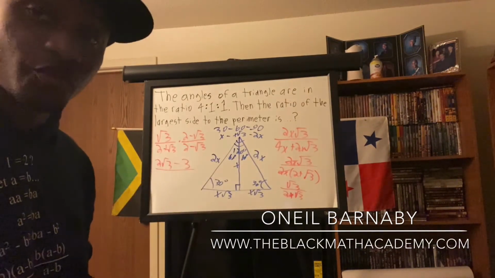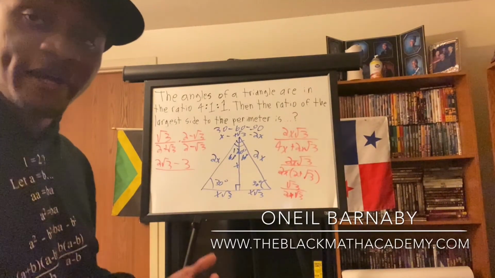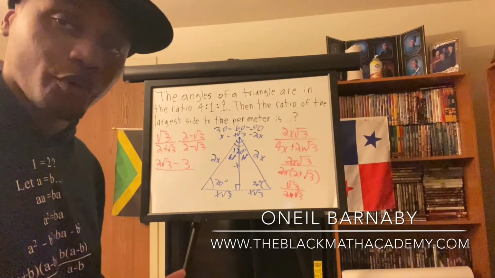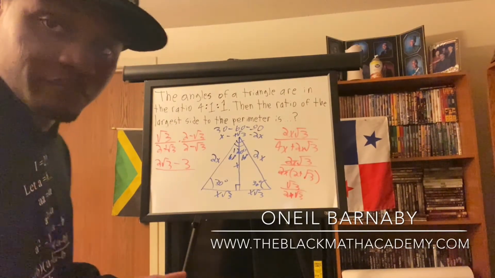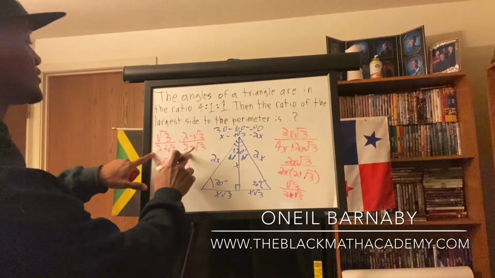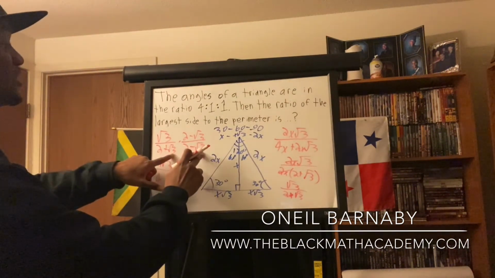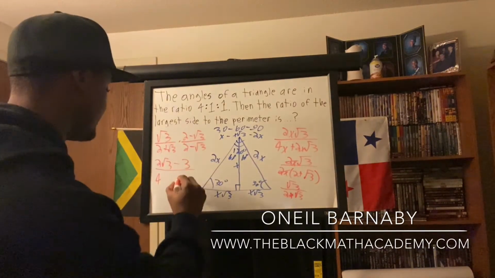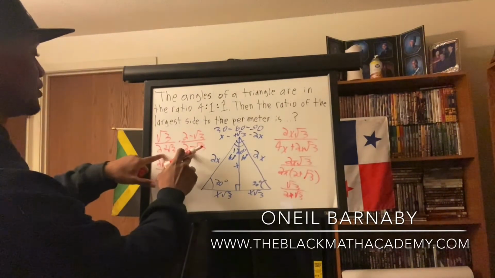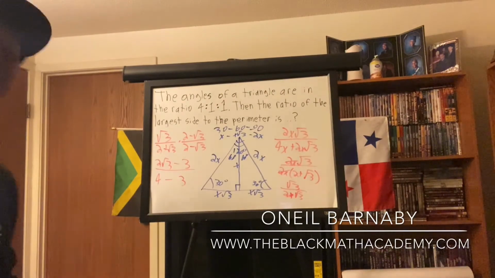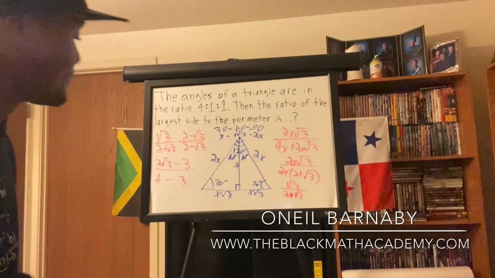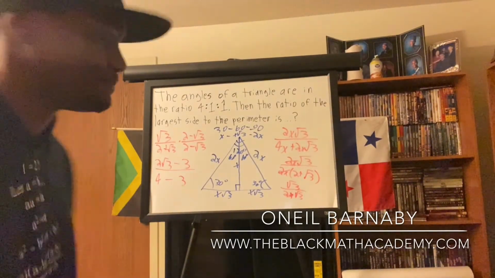So that means it's a special case. There's a faster way to go about solving it without having to use FOIL itself. So I'm going to do that pretty quick. 2 times 2, that's 4. Root 3 times root 3, that's 3. And we're simply going to minus in the end. And that's the faster way to go about doing it. I'll explain that later in another video.